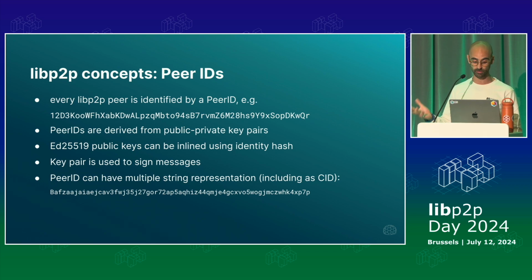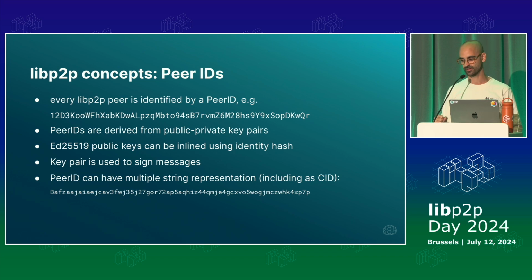And of course, a peer ID can have multiple string representations. So obviously, normally it's stored in a binary format, but the first one that we see up there, I believe is a base58, the one that starts with 12D. I believe it's the base58 BTC. But you can also represent it as a CID.